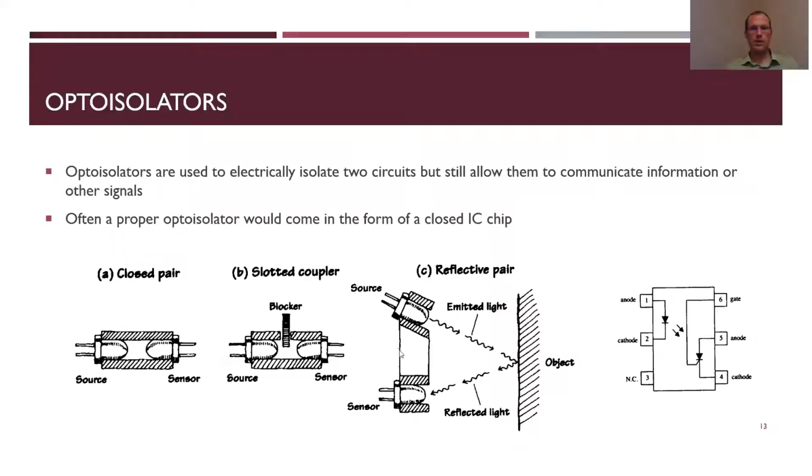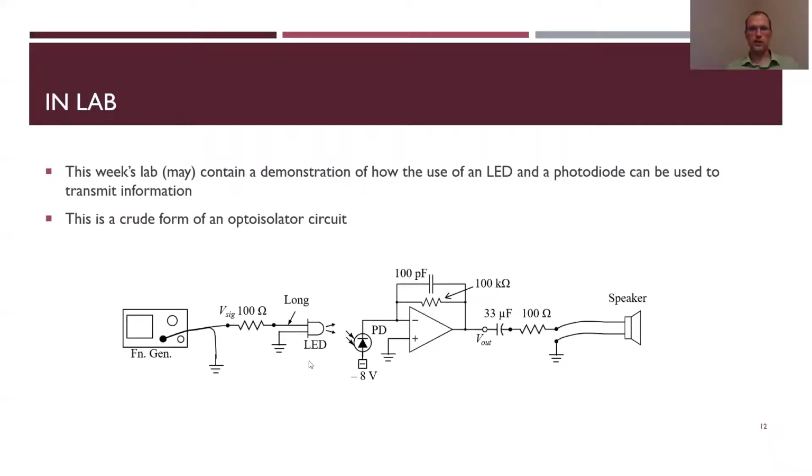So that was an example of something called an opto-isolator circuit. They're used essentially to isolate two circuits, but still allow them to communicate information. So what we actually had here, you notice there was one circuit that put a function generator into an LED. So this LED blinks at a certain frequency.